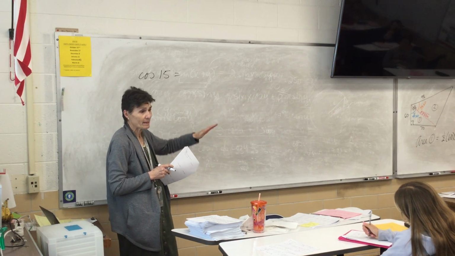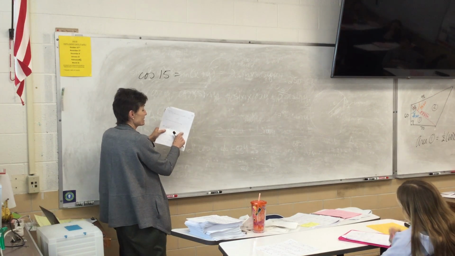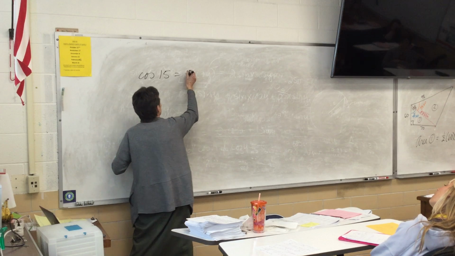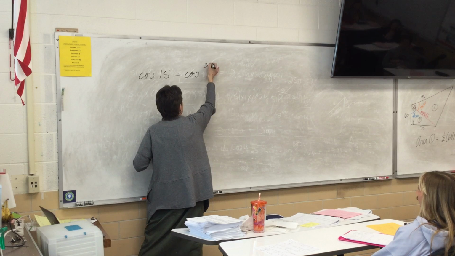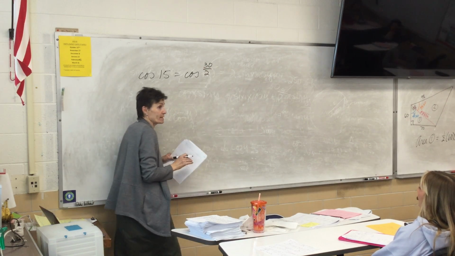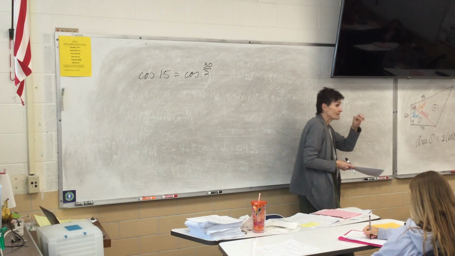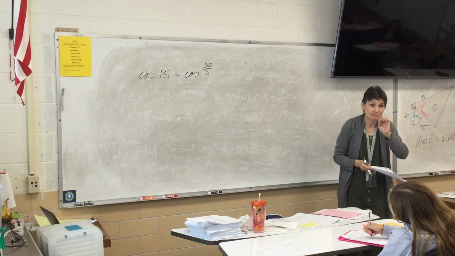Now, that's great, there's nothing wrong with it. But these directions specifically say use the half angle identities. So we need to think of the cosine of 15 as half of 30. So instead of thinking about 15 as 45 minus 30, that's a difference, we're thinking about it as half of something.